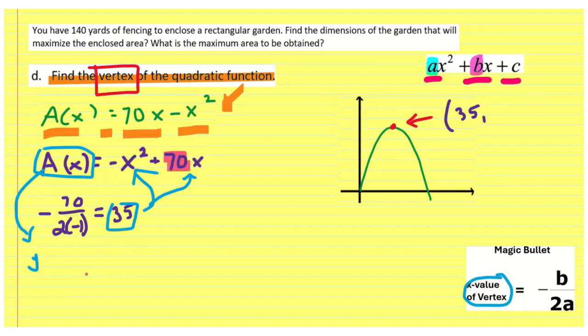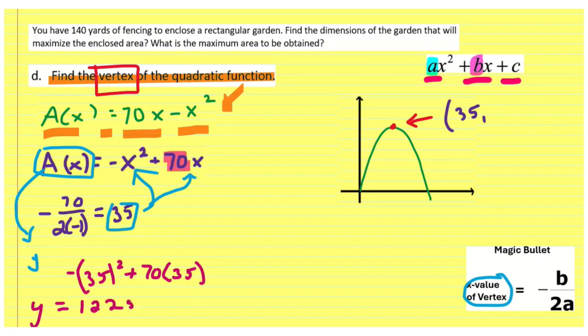So that's going to be -35 squared plus 70 times 35. And when I put that in my handy dandy calculator, it is going to pop out a y value of 1225.